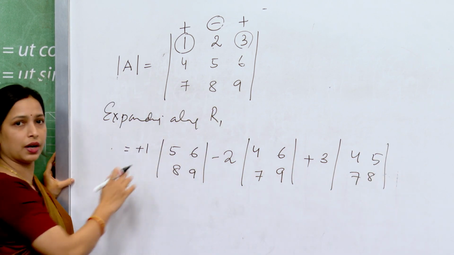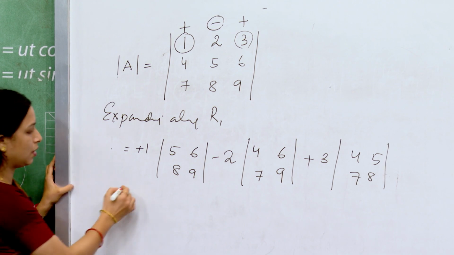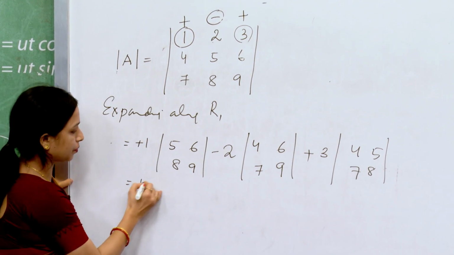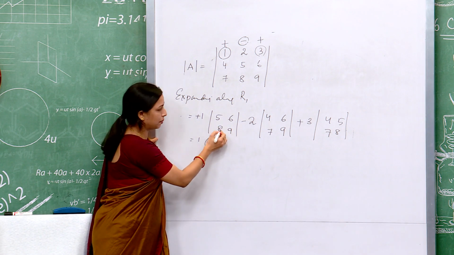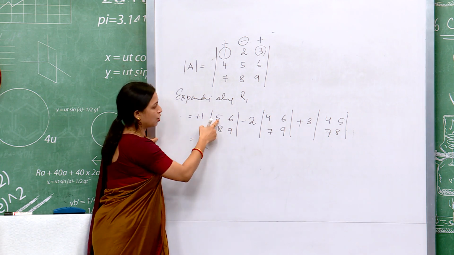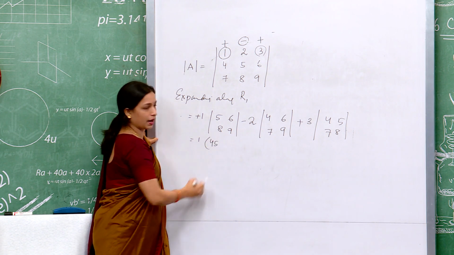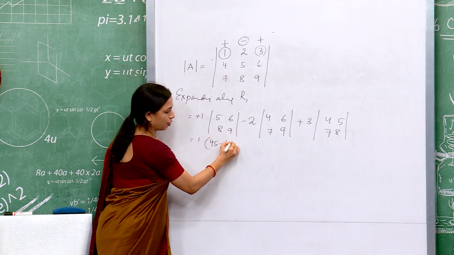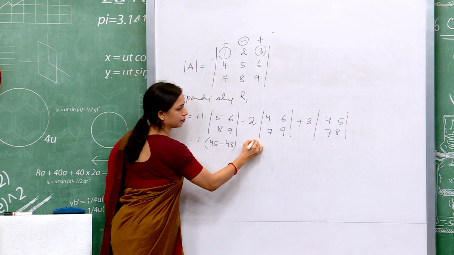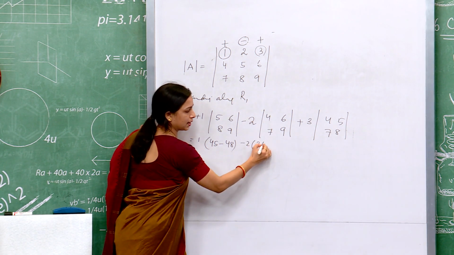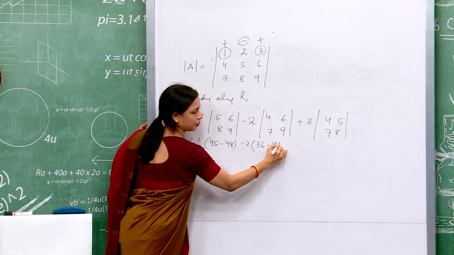Now, we know how to find out the determinant of a second order. So, we just do that. We cross multiply the diagonal elements and then we take the difference. So, 5 into 9, 45, 6 into 8, 48. Similarly, 4 into 9, 36, 6 into 7, 42.